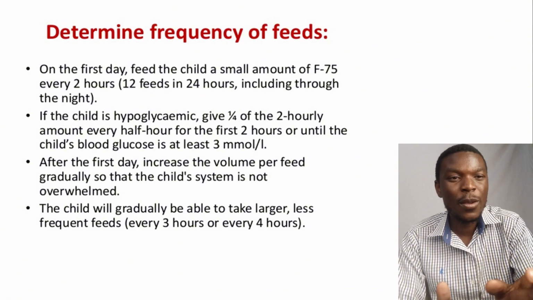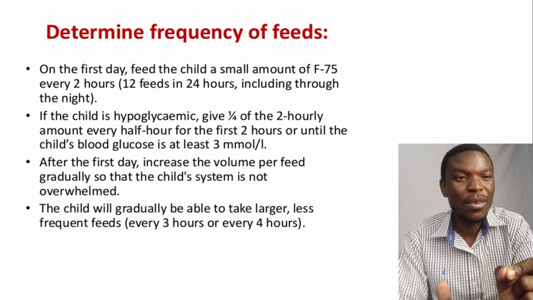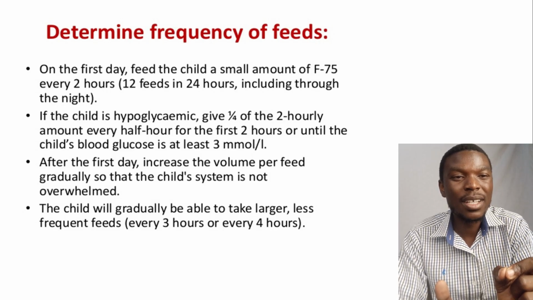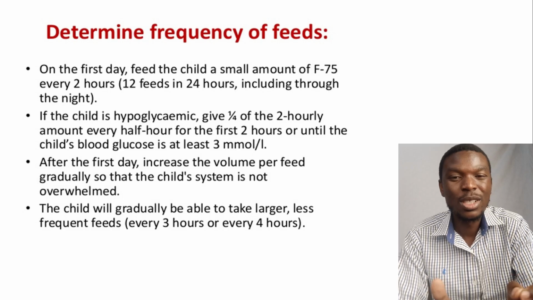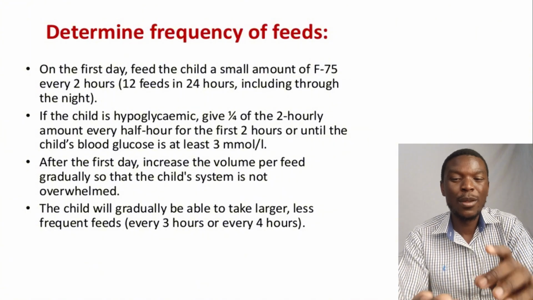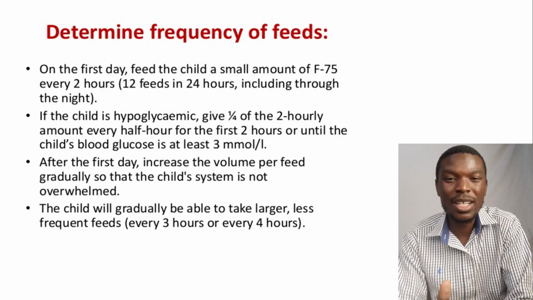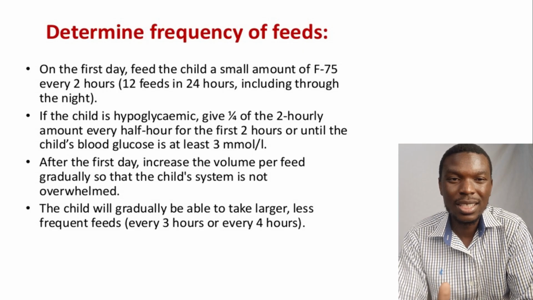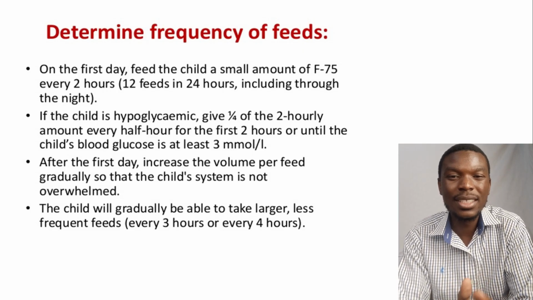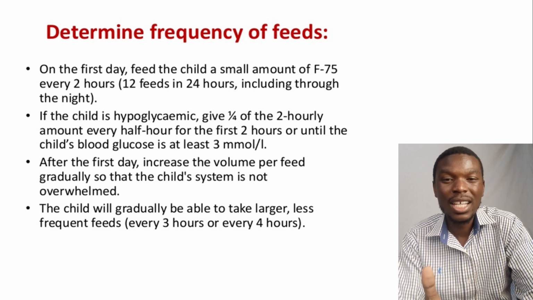So you get that feed, you give a quarter of the 2 hour amount every half an hour for the first 2 hours. So you start at 10 hours. You get that feed for 10 hours, you break it down into 4 parts, then you're giving every 30 minutes until that 2 hours is complete.